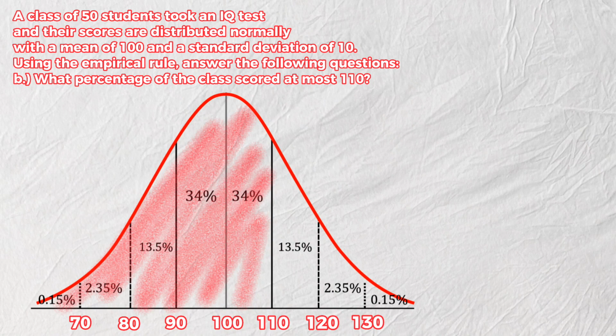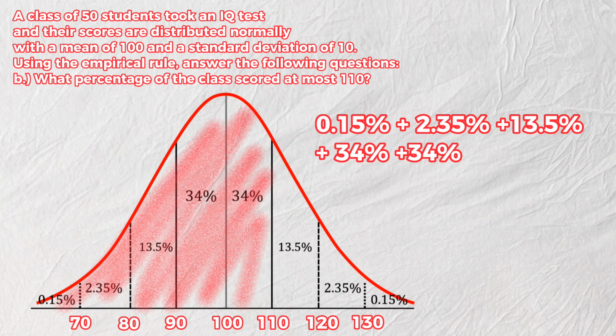Add up the values 0.15% plus 2.35% plus 13.5% plus 34% plus 34%. Since we are looking for just the percentage, the sum is already the final answer. Therefore, 84% of the students scored at most 110.